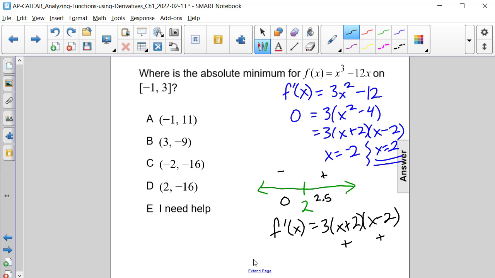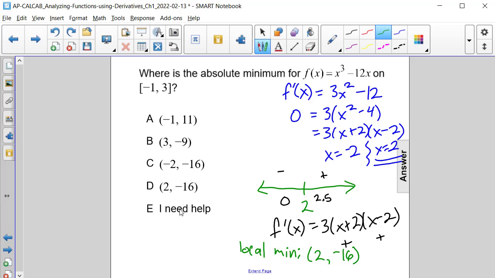So therefore, we have a local minimum value at 2, and then if we substitute 2 into our original function, we'll have 2 to the third, which is 8. 8 minus 12 times 2, that's 8 minus 24, will give us -16 as our y-coordinate.